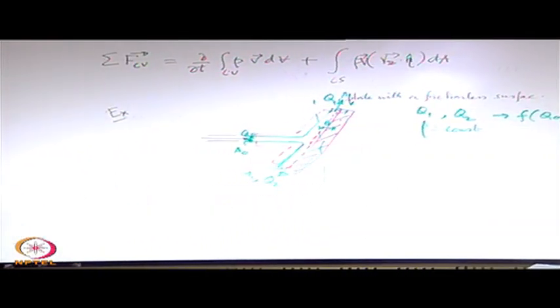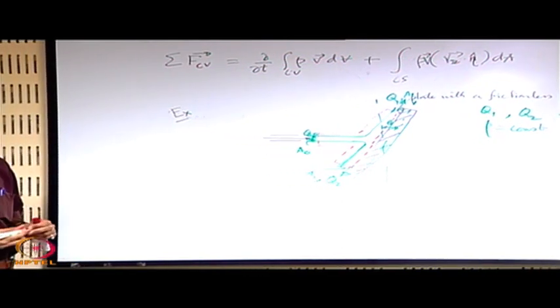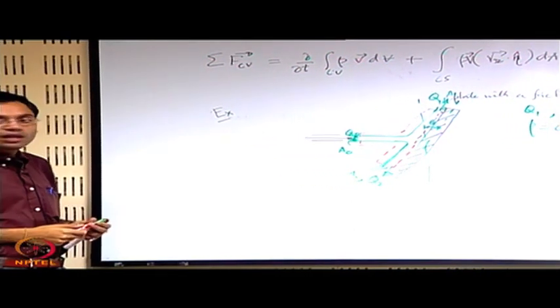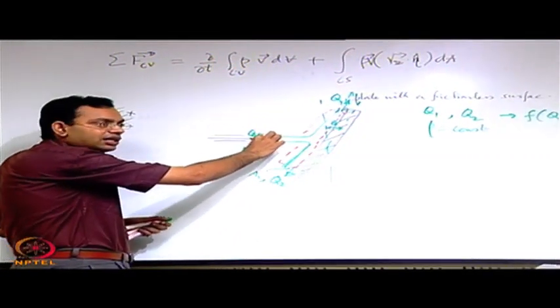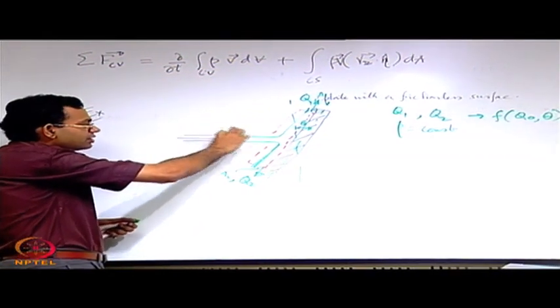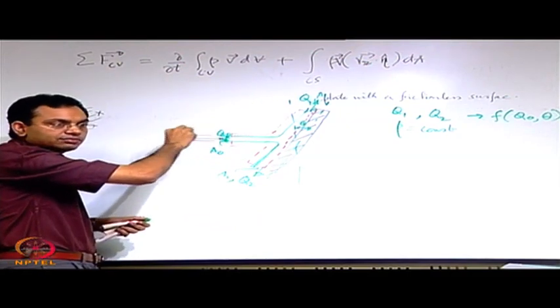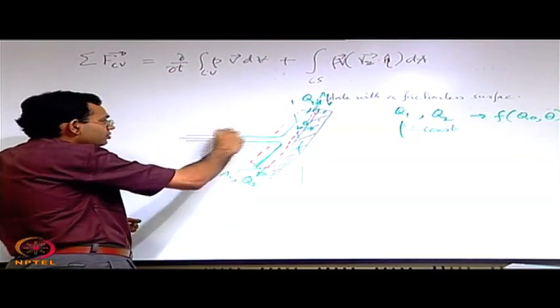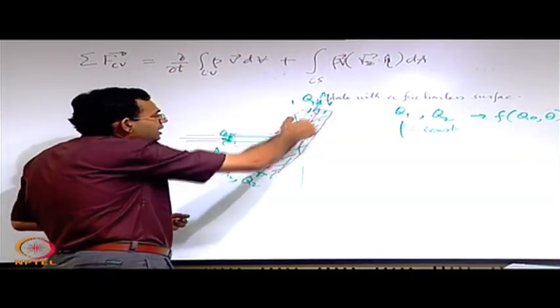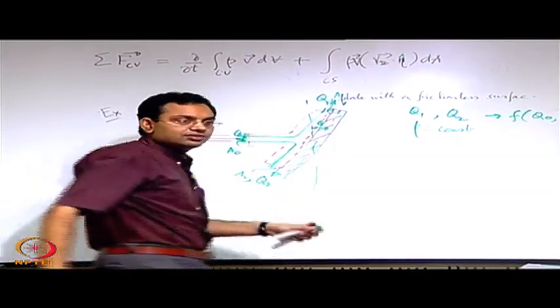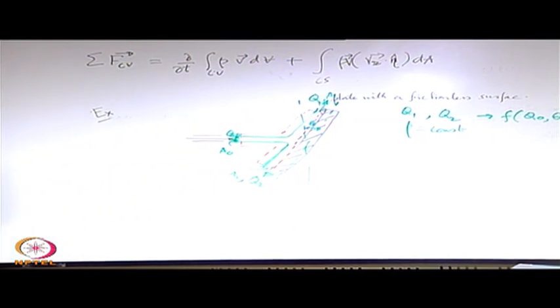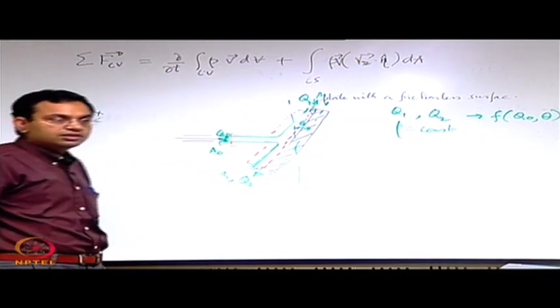These are the parameters which we do not know, because these are not within our direct control. What is in our direct control may be this area, because this depends on the ejected jet from the tube or the pipe, whatever nozzle, but when it comes onto the plate and moves, this depends on many other things. So, directly we cannot say, but one thing we can say is that the mass will be conserved.